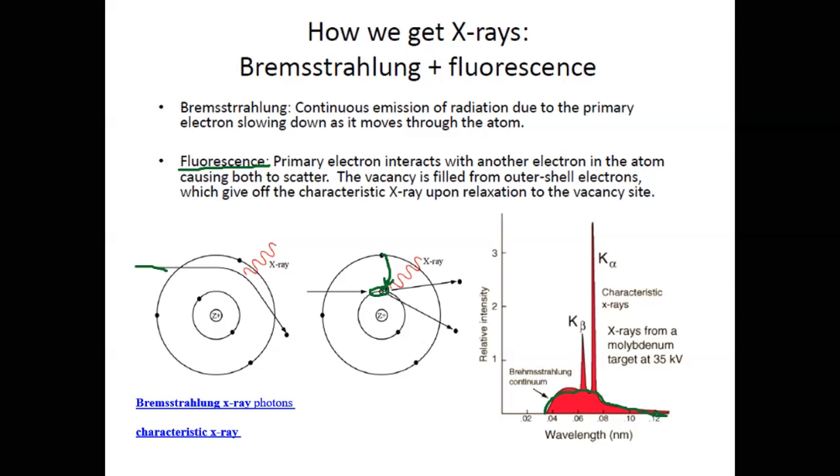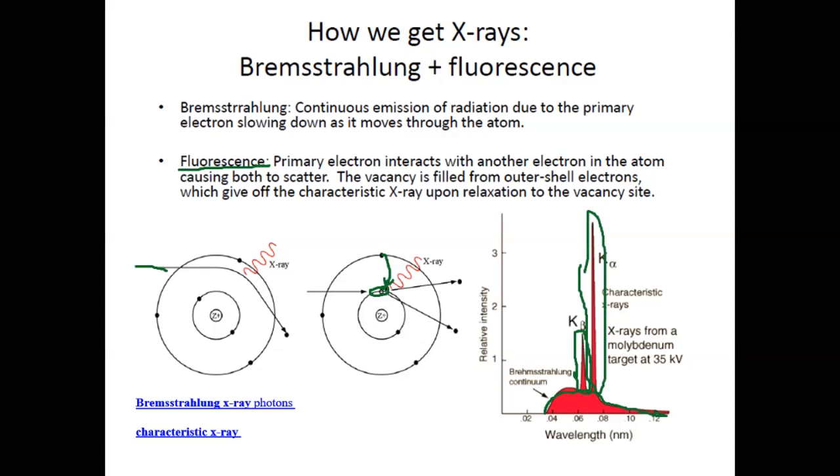And those X-rays that are emitted are discrete wavelengths. So this is what we call the K beta X-ray, and this is the K alpha X-ray. So these are discrete wavelength photons. They have a particular wavelength associated with them. And we'll talk about what the K alpha and K beta mean in just a second.